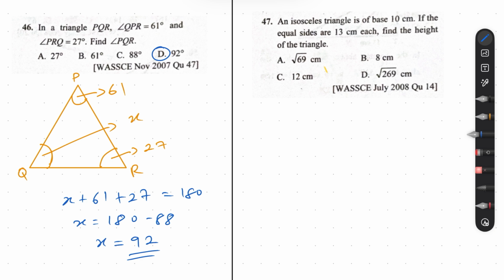Let's move on to question number 47. It says, an isosceles triangle is of base 10 centimeter. If the equal sides are 13 centimeter each, find the height. So let's draw an isosceles triangle.